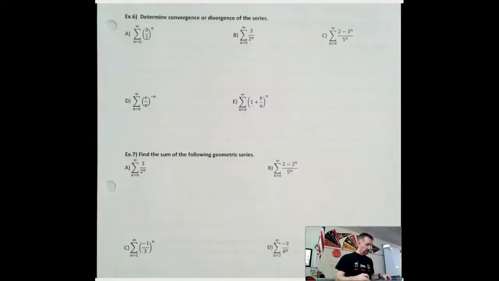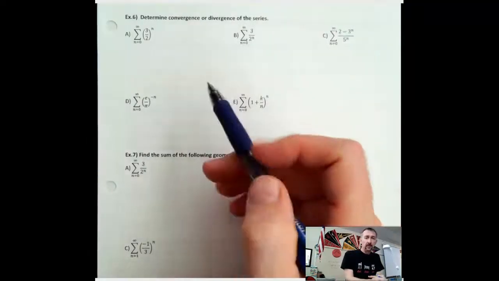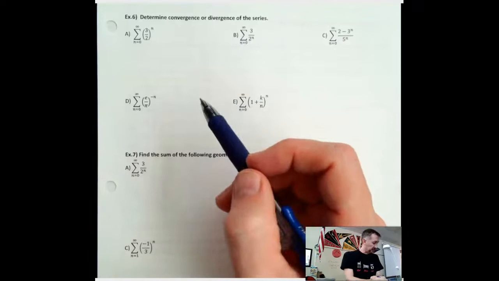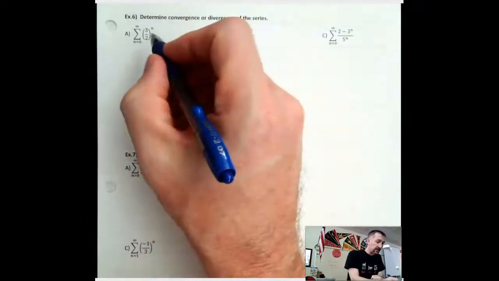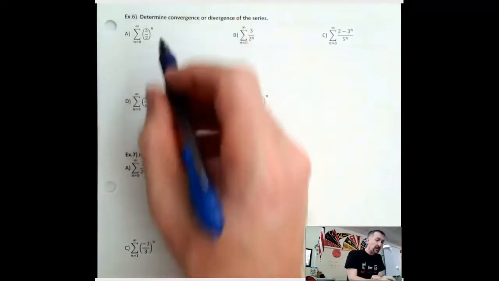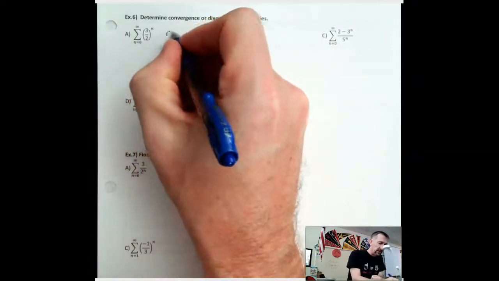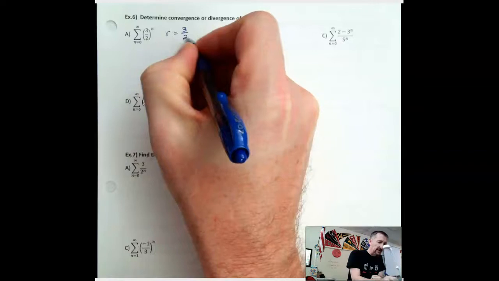All right, so here we're just determining convergence. We're not actually going to find the sums. We're just testing to see do they converge or diverge. So here we're multiplying by 3/2 over and over and over again. So r equals 3/2.